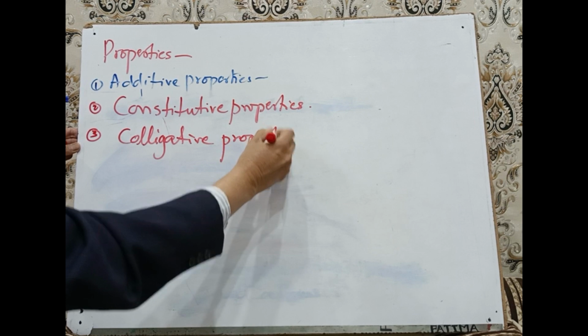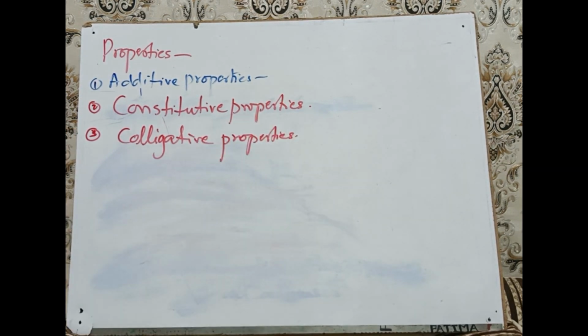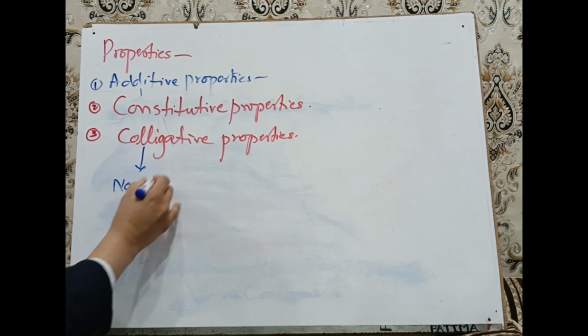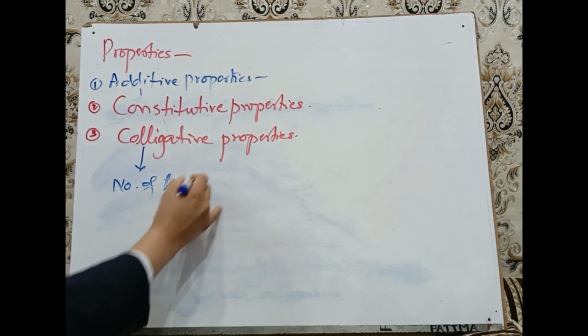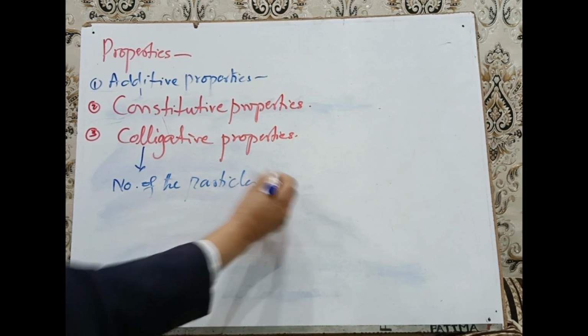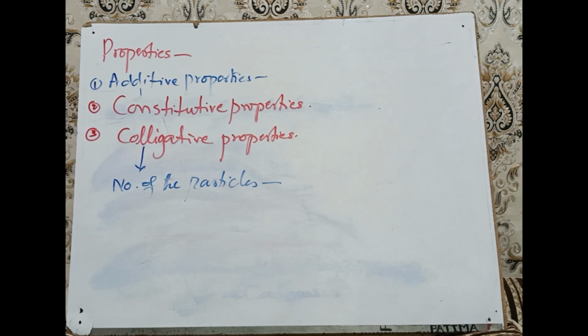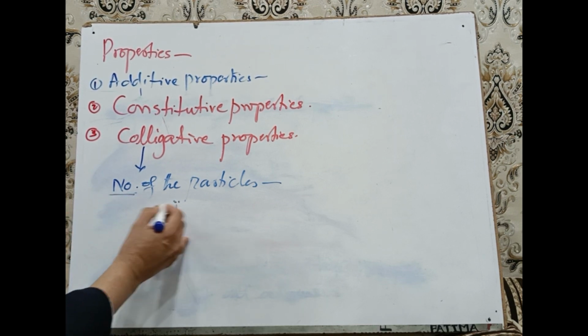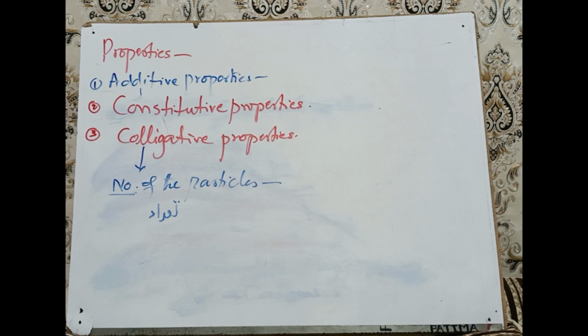The properties which depend on the number of the particles and not on their structure, not on their size. They just depend upon the number. ये उनकी सिर्फ तादाद पे डिपेंड करती हैं, that what is the number of the particles.